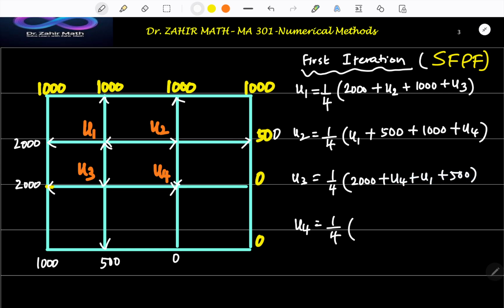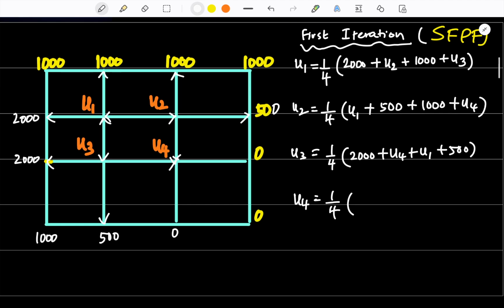Am I right? 2000, u4, u1, 500. Yes. u4 is equal to 1 by 4. For u4 you go, this one 0 and this one 0, this one u3, then this one u2. So u4 is equal to u3 plus 0 plus u2 plus 0, right?